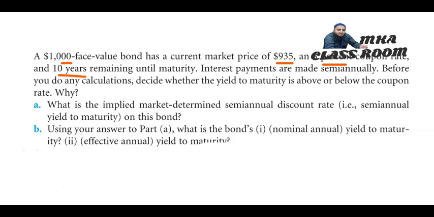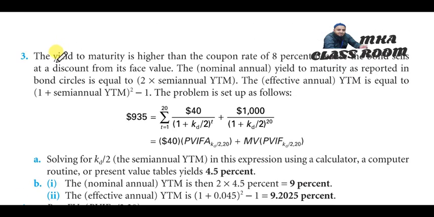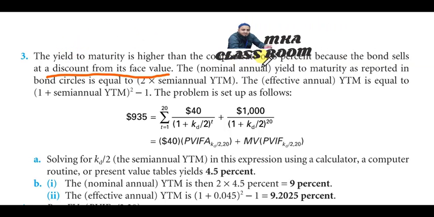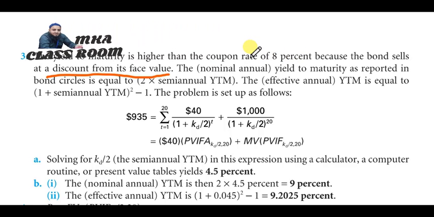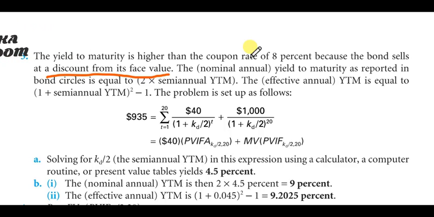What will happen to our bond's yield to maturity? Here we say that the yield to maturity is higher than the coupon rate of 8% because the bond sells at a discount from its face value. We have said it because the yield to maturity is above its coupon rate since it sells at a discount from its face value.